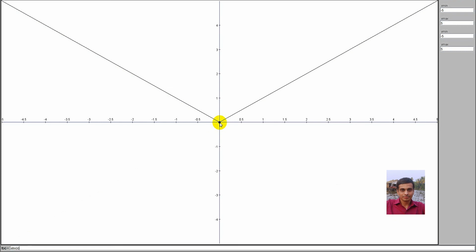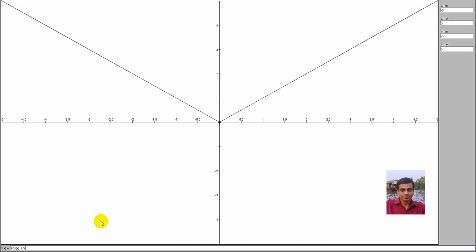Whenever a function has sharp turns like this, there is no smooth way of moving from left to right through point 0. There is a sharp turn. So whenever a real valued function of a real variable has a sharp turn, the function will not be differentiable at that point.